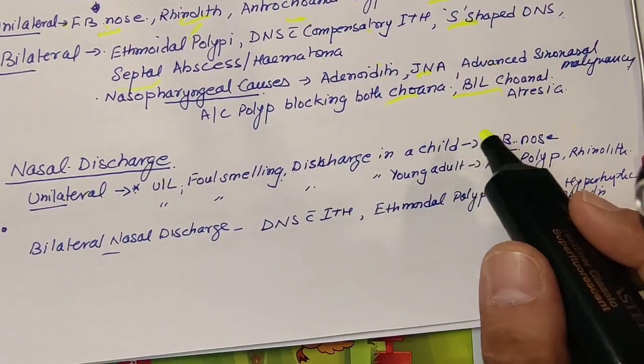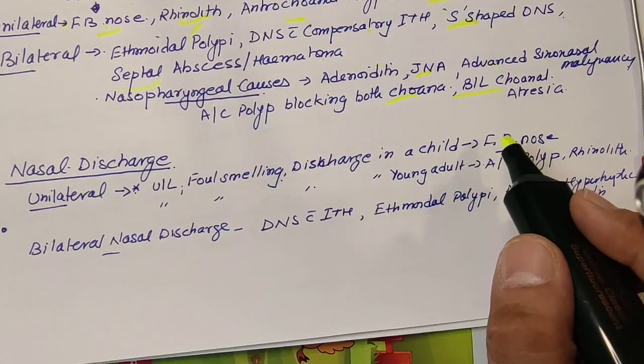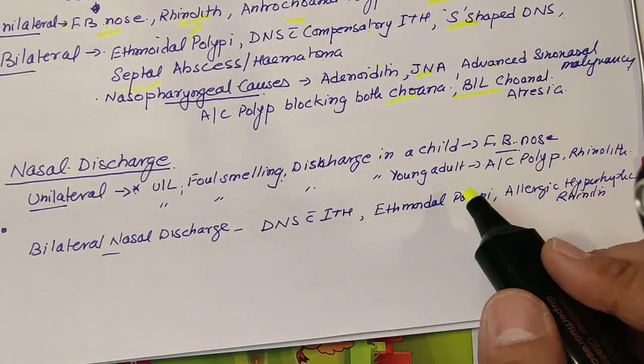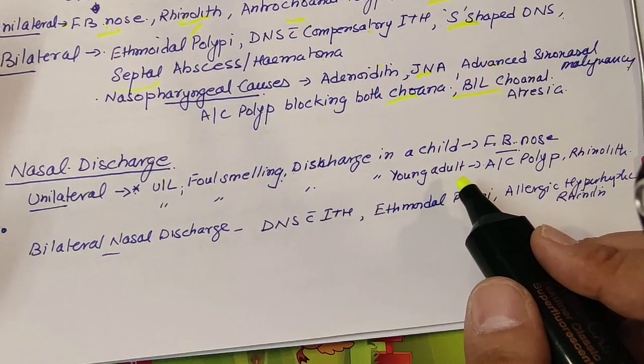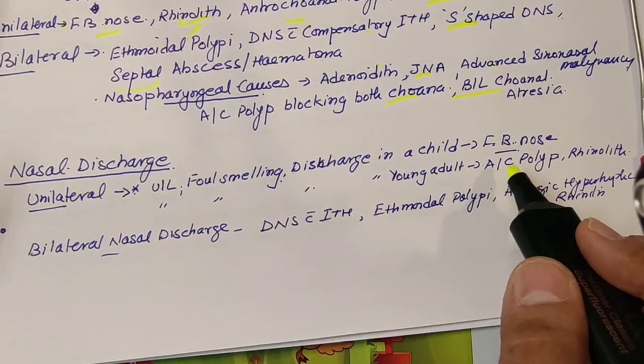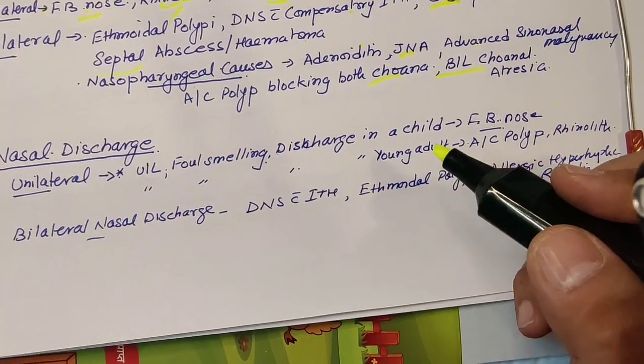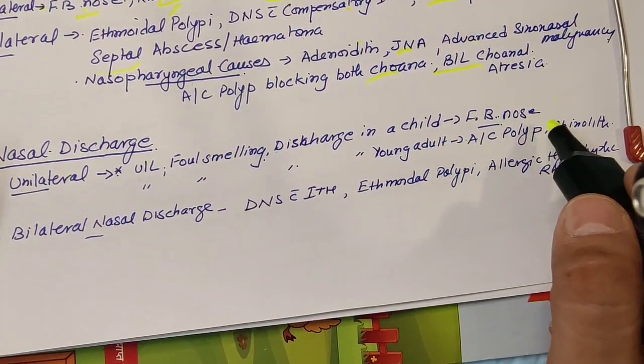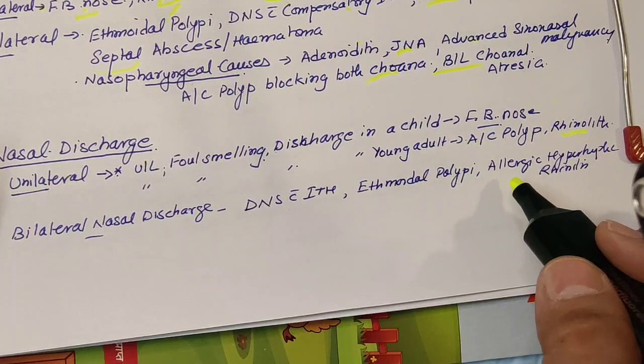Okay, so that is very common and you see it in foreign body nose. Young adults who have antrochoanal polyps will present with unilateral nasal discharge with nasal obstruction, and even in cases of rhinolith.